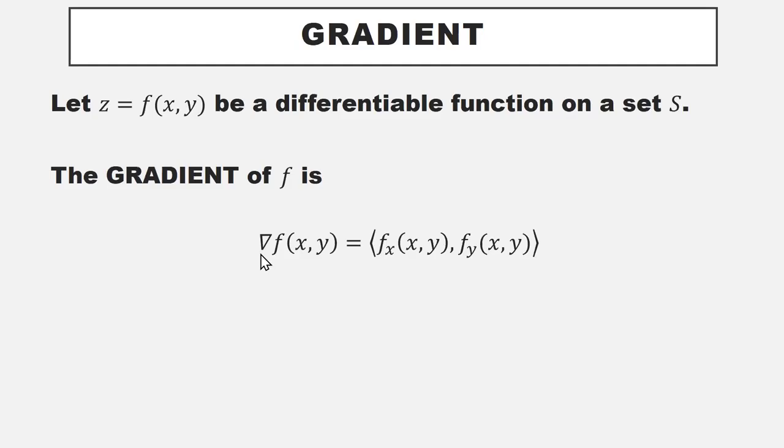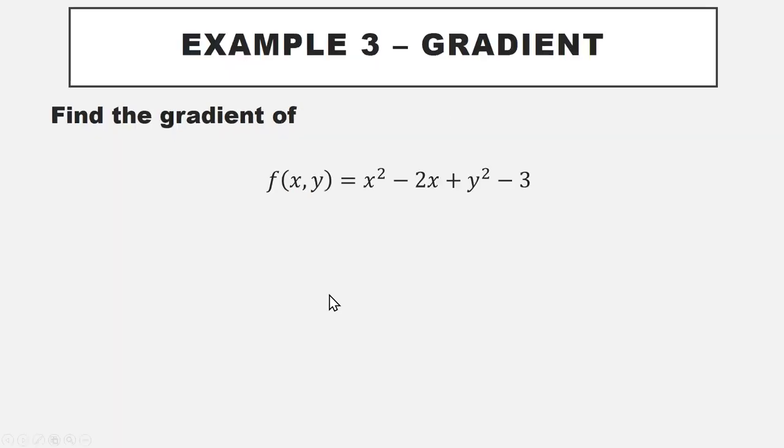Hopefully we caught that. So the upside down triangle of f is f sub x comma f sub y. All right, that's the gradient of my function f, as long as we can get those. So let's calculate the gradient of the function that we've been dealing with so far.